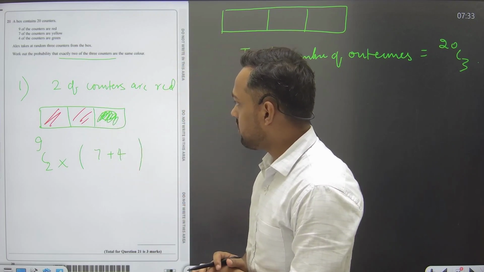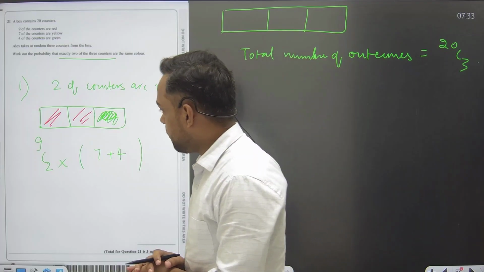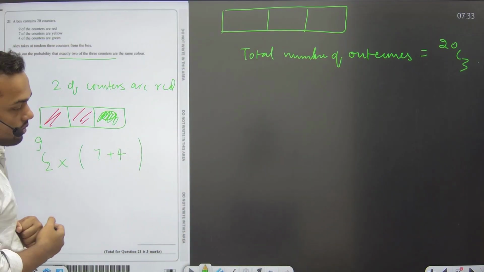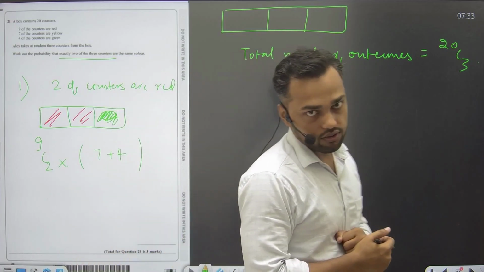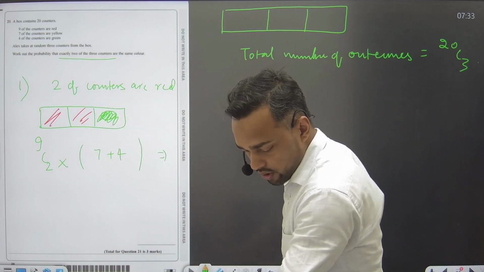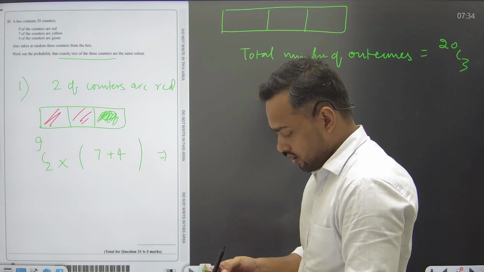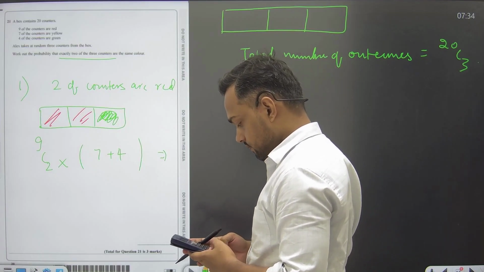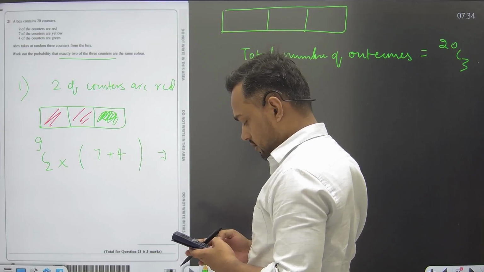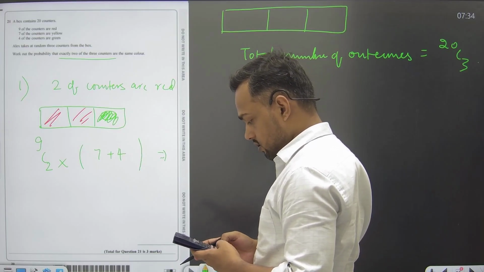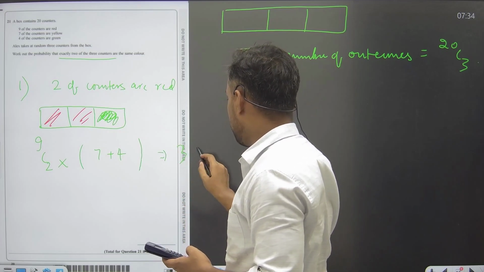This is the number of ways possible if we want to place 2 red counters: 9C2 cross of 7 plus 4. Let me do it: 9C2 cross of 7 plus 4, which is 11, that is 396.